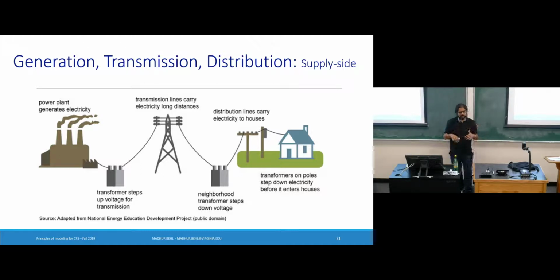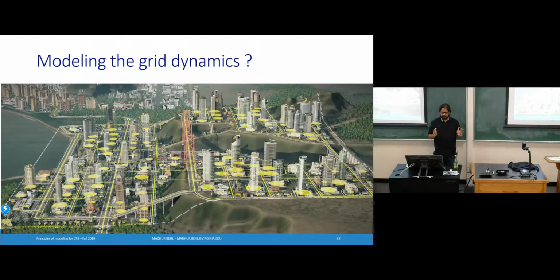Then once you generate that electricity, it is pushed to the demand side through a transmission system, which can be modeled as a system on its own. It's a massive system which physically pushes the electrons to the local substation, and then that's distributed through the electricity poles that you see everywhere. Wherever you go, you can find that distribution system which actually brings it to your house or the building. So this is a very, very high level view, but you can model this entire system.